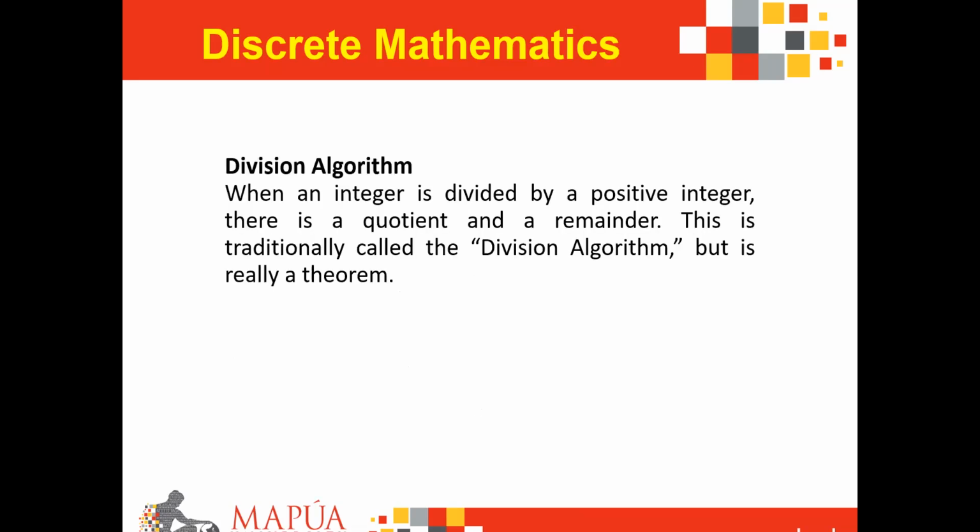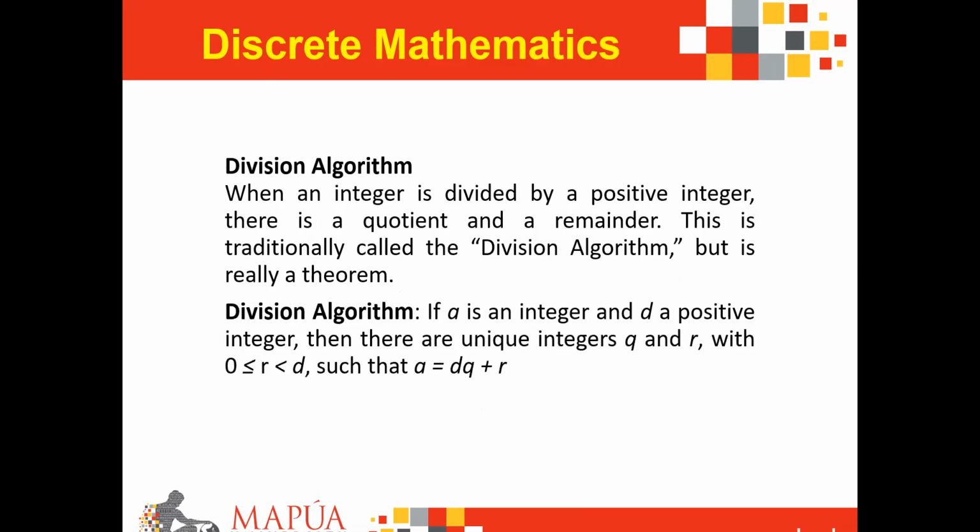The division algorithm. When an integer is divided by a positive integer, there is a quotient and a remainder. This is traditionally called the division algorithm, but it's really a theorem.